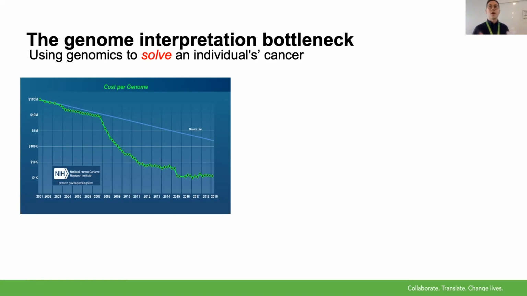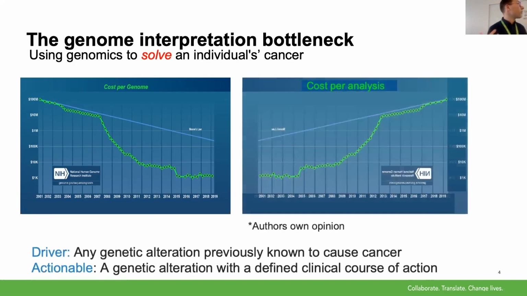So we're creating all of the data that's available to us as bioinformaticians, and it's cheaper and cheaper to sequence. However, what they don't tell us is that the cost per analysis could get out of control if we don't look at efficient ways to really analyze all the data that we are generating.